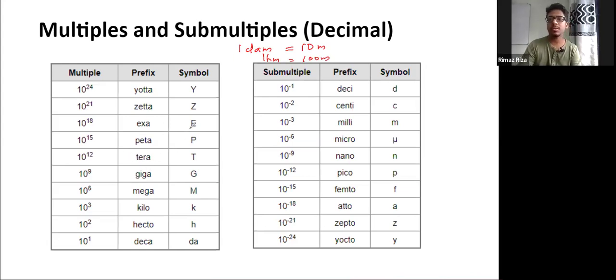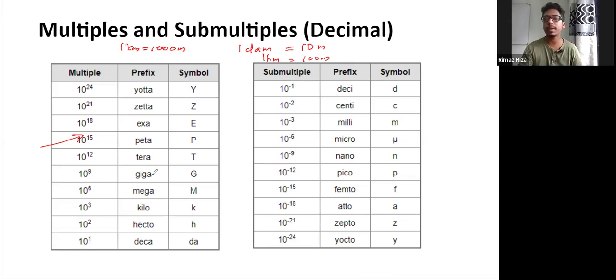And kilometer, you already know, right? 1 kilometer is 1000 meters. And mega is 10 to the power 6, giga 10 to the power 9, tera 10 to the power 12, right? And peta 10 to the power 15, exa 10 to the power 18, zetta 10 to the power 21, yotta 10 to the power 24. But you should at least know up to peta. At least must.